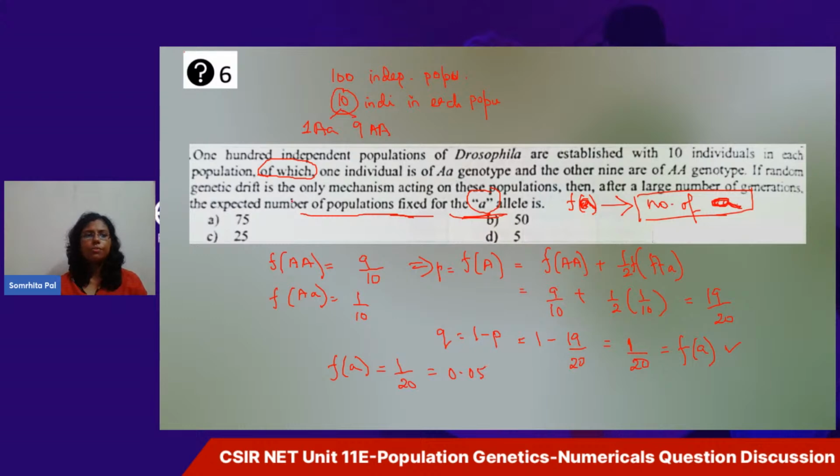Now, when they are asking you to find the number, you have to multiply it with the total. The total number of populations is 100, so it will be 0.05 into 100. That means the answer will come as 5. So the correct answer is option 4.